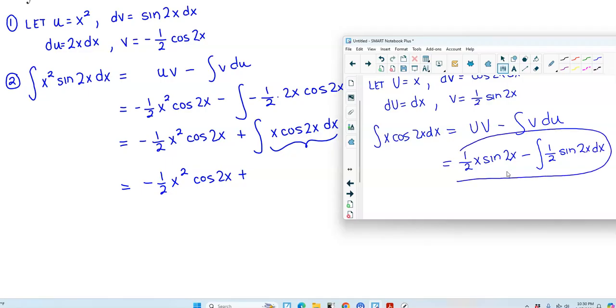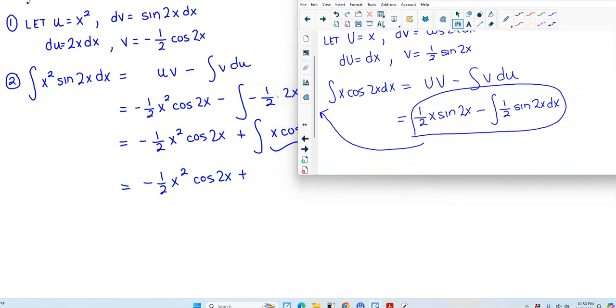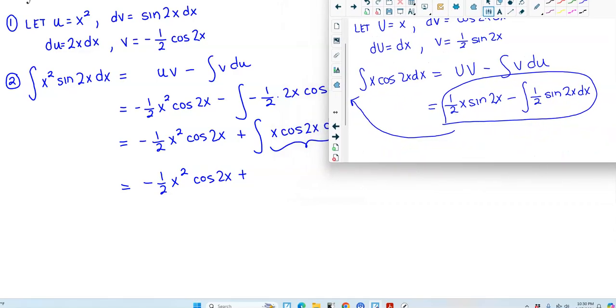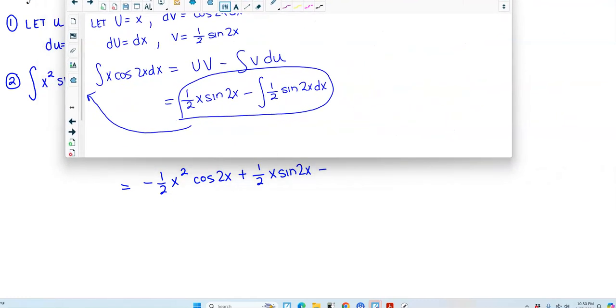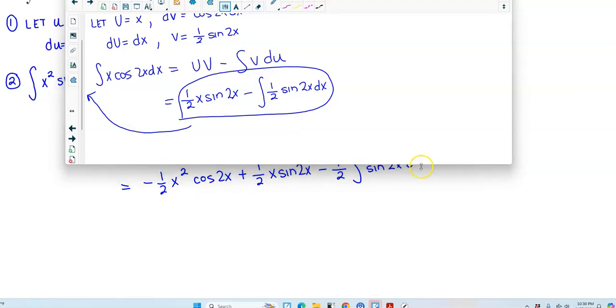So now we're going to substitute this back into our original question. So we have plus 1/2 x sine of 2x minus, and then we can factor out the 1/2. So we have 1/2, and then we're going to integrate the sine of 2x dx.